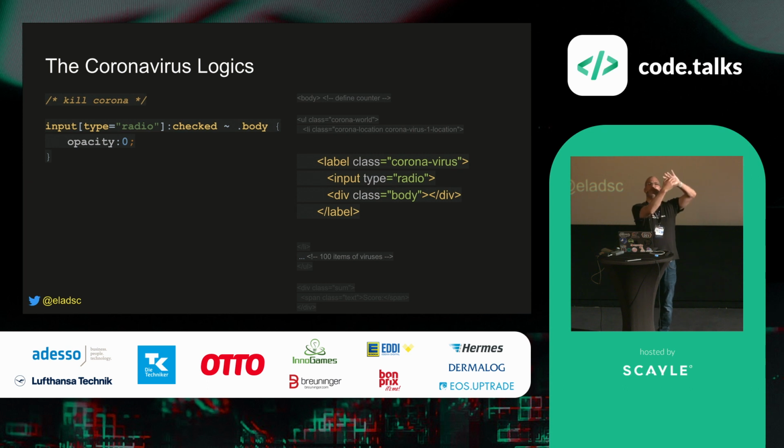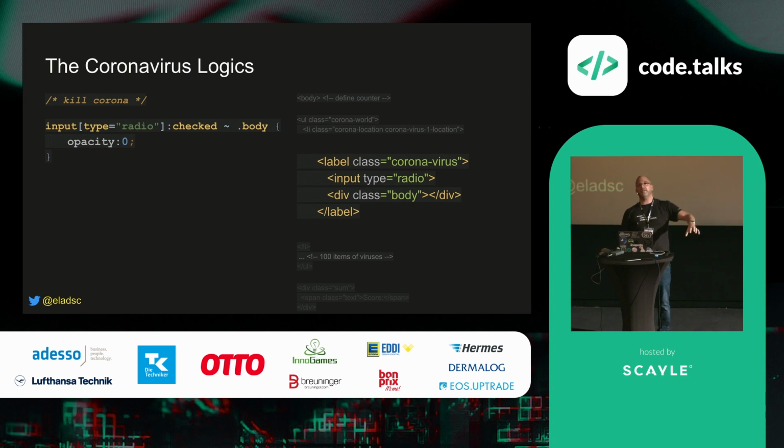And if you are clicking on the visual part of the virus, it's like you are clicking on the label HTML element. And because there is an input type radio inside, it will automatically get triggered, and it will change the status from unchecked to checked. In this case, you don't even need the for attribute and the ID name, because for an input that is inside the label, when you're clicking the label, it's triggering the input type radio.